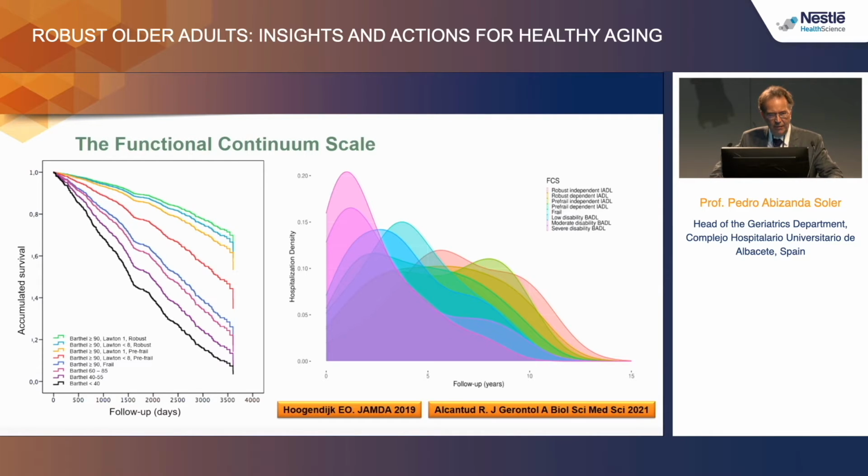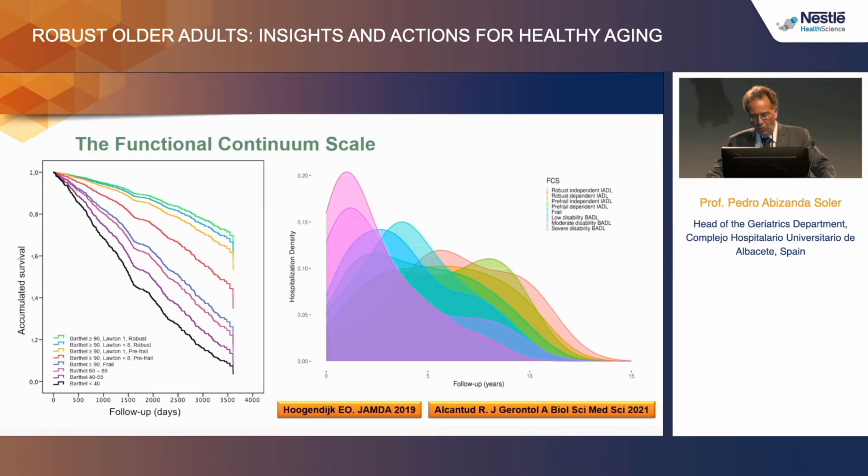You can see in the left panel of my slide how the accumulated survival for each category of our scale is absolutely different. And probably the first 3 superior lines imply healthy aging. I'm not sure, but it could be. And in the right panel, you can see another figure that was published last year that is the same, but regarding density of hospitalization.